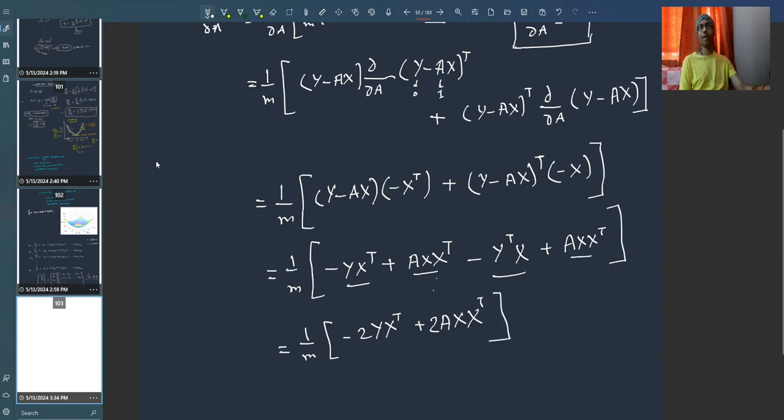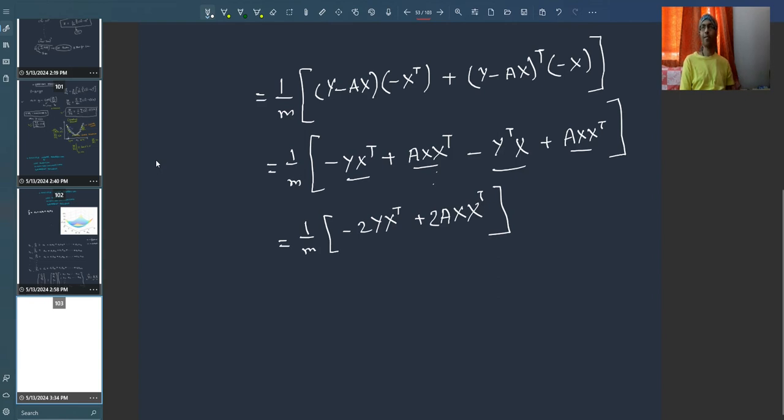Now remember the minimization condition, friends. For minimization, the condition is del j del a is equal to 0. So this expression has to be equal to 0 for the cost function to be minimum. Since m is not 0, minus 2yx transposed plus 2ax into x transposed has to be equal to 0.